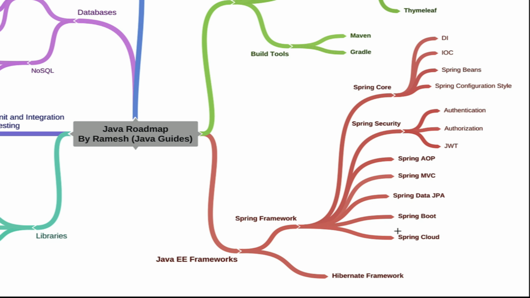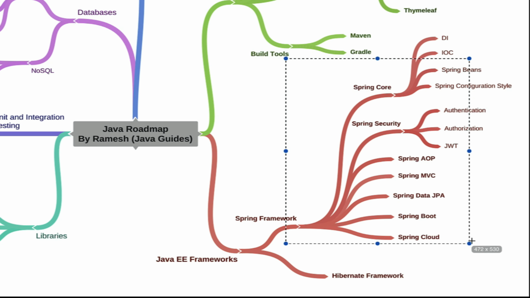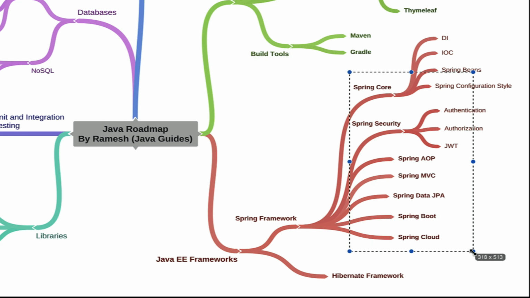Don't focus on Spring Cloud yet. Once you are familiar with developing Spring based applications, then based on the requirement, you can go ahead and learn Spring Cloud to develop microservices.